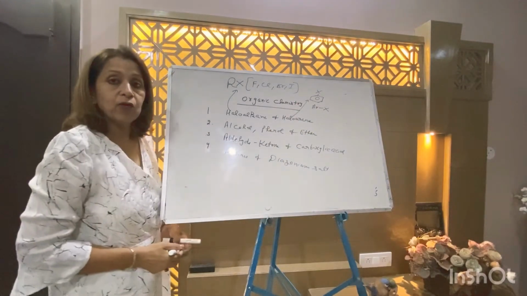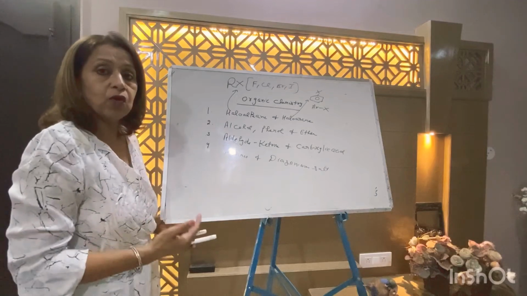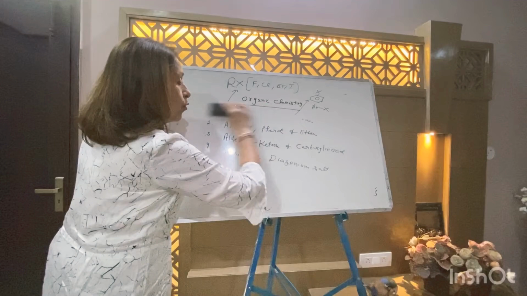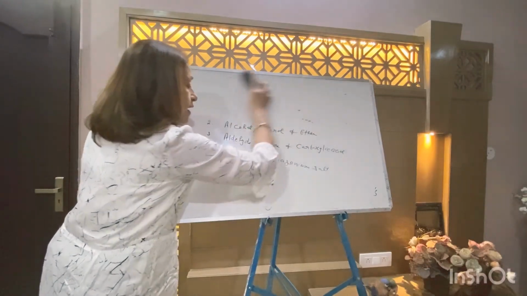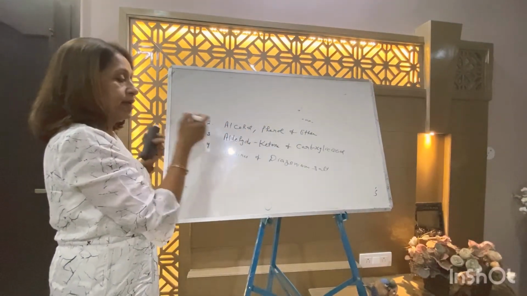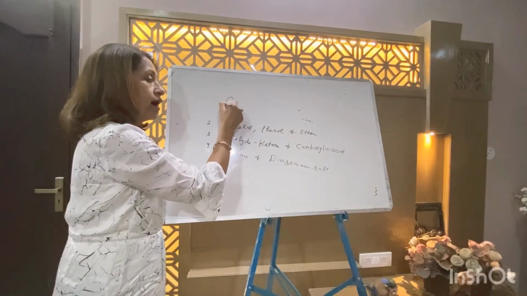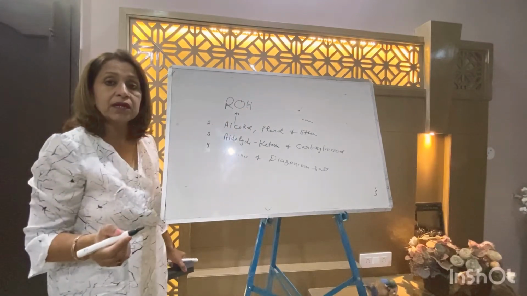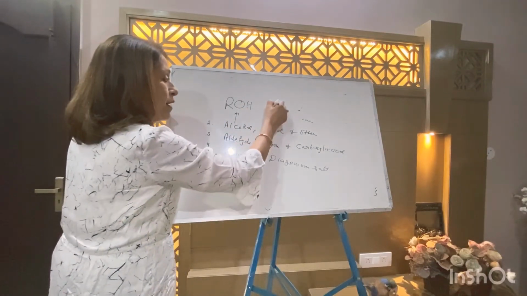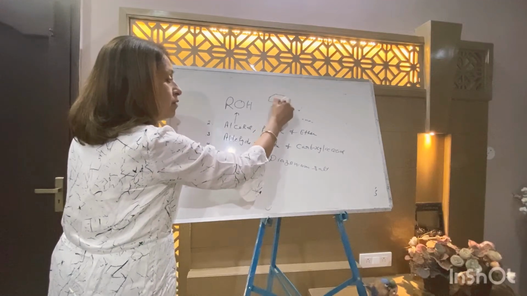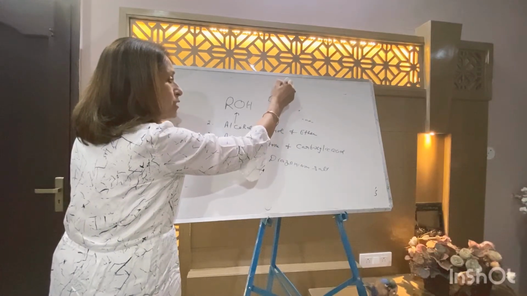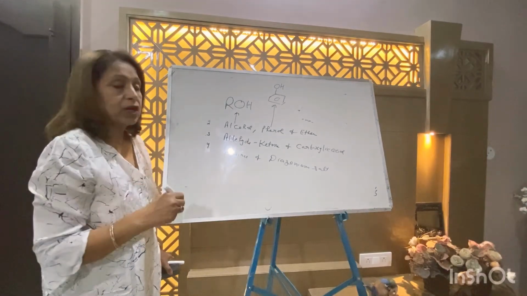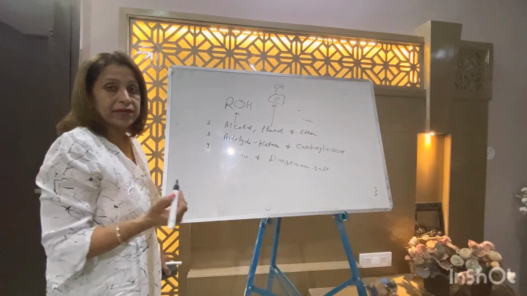Haloalkane and haloarene. Next is alcohol, phenol and ether. Alcohol is ROH: when an OH group is attached to an aliphatic carbon, it is alcohol. A benzene ring carrying an OH group is phenol, OH attached with aromatic carbon.